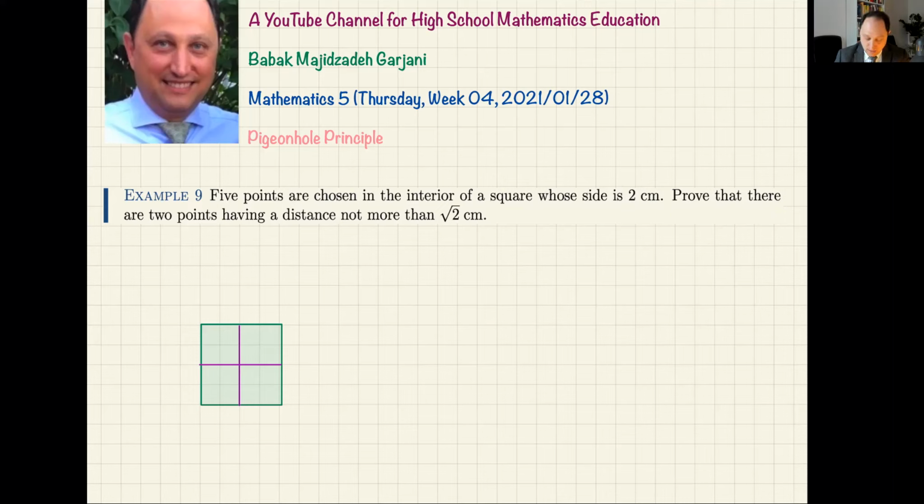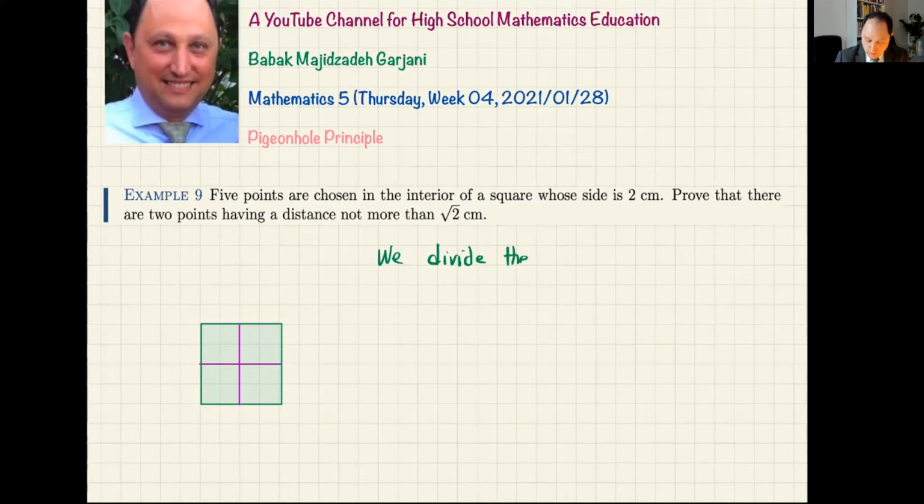So you might say that, okay, we divide the square into 4 equal squares as shown in the picture.